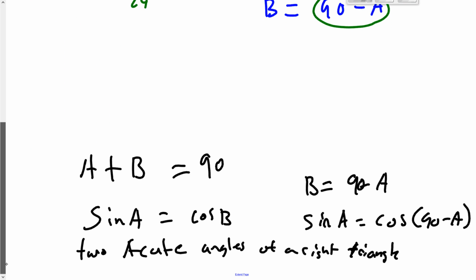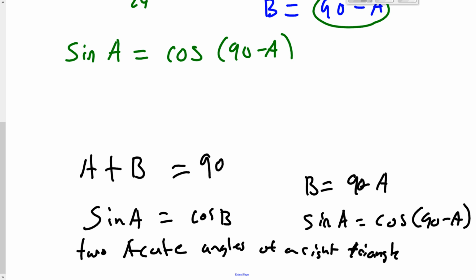So here are the cofunctions. Like I said, sine of A equals cosine of B. So in terms of angle A, sine of A is cosine of 90 minus A, because 90 minus A would be B, and sine of A and cosine of B are the same.